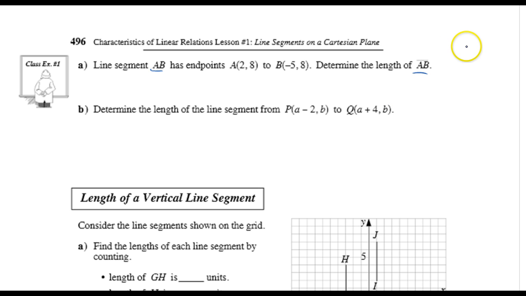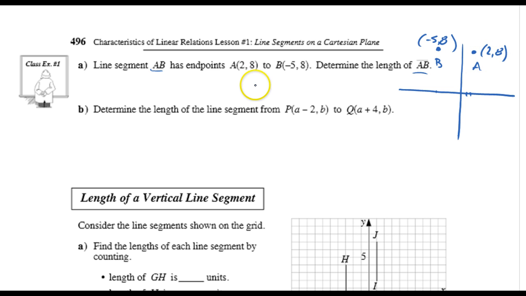Well, I can graph that. Do a rough sketch over here, and I can graph (2, 8), might be somewhere up here, and (-5, 8). So -5 might be here, 8 again. So this will be A and this will be B. If you can somehow visualize this, all you would have to do is go 2 minus -5 to get 7.